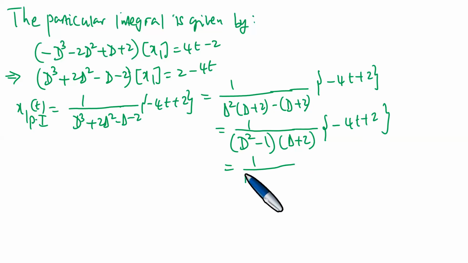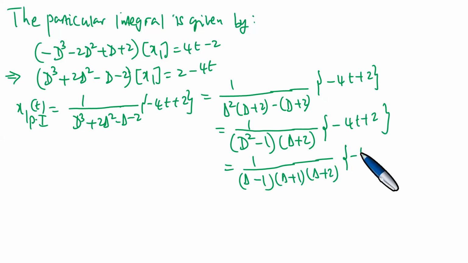So you have d minus 1 into d plus 1, difference of two squares, and then you have d plus 2. Okay, and you have minus 4t plus 2, like this.